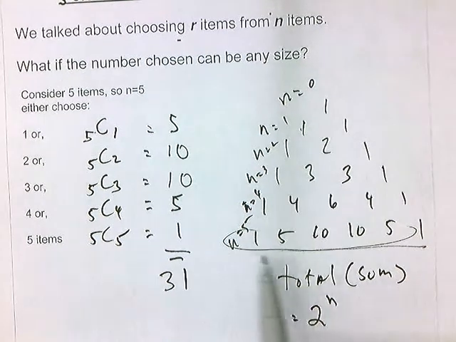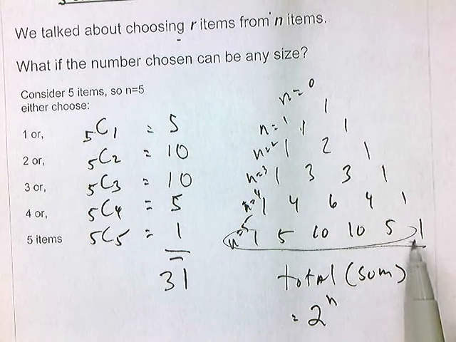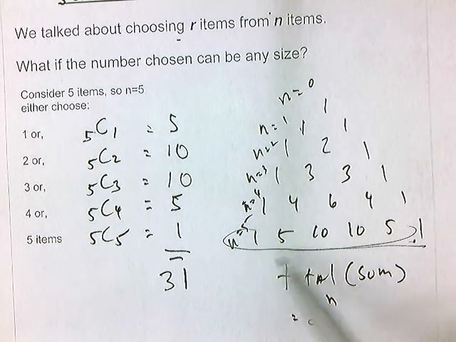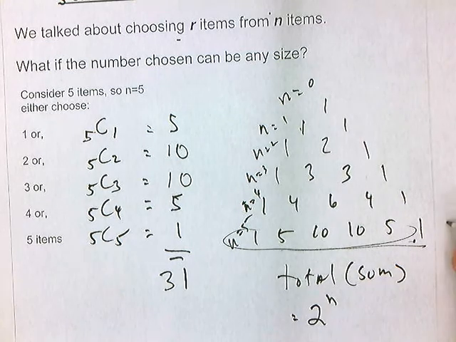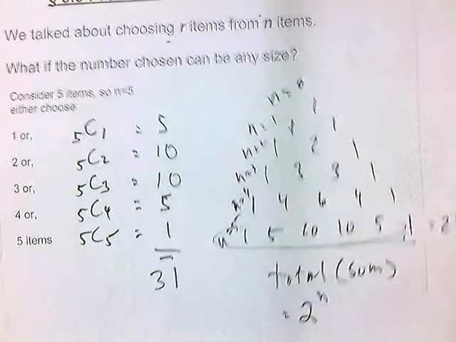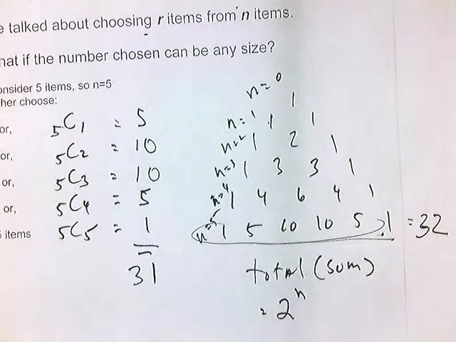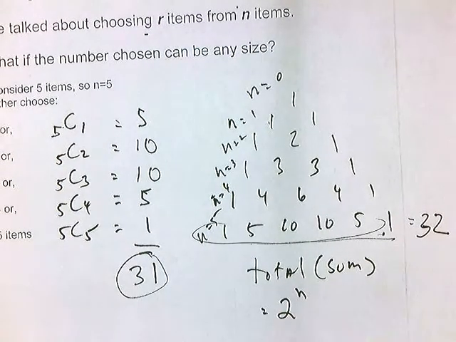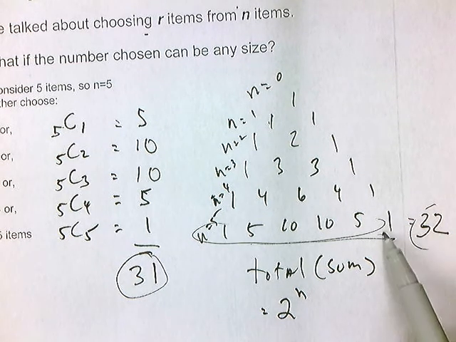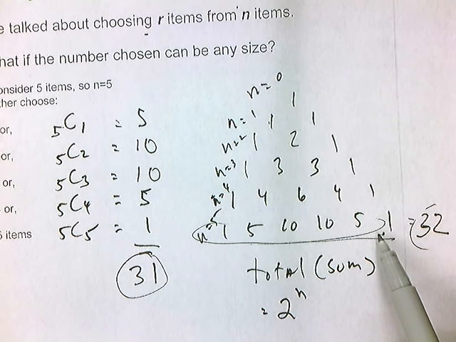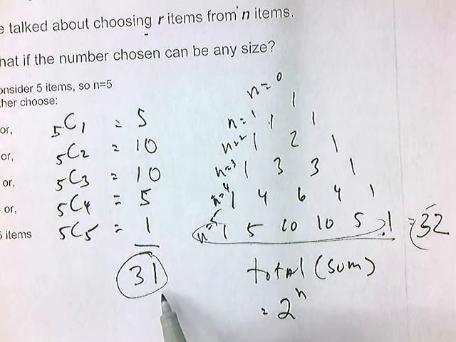Now, if you add these up in the 5th row, with the n equals 5 row at least, that would be equal to 32. So the total is 32. Our total here is 31. So if we take a closer look, this is really the total of the nth row of the Pascal triangle, minus 1.